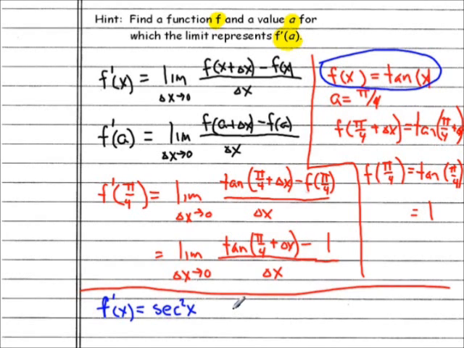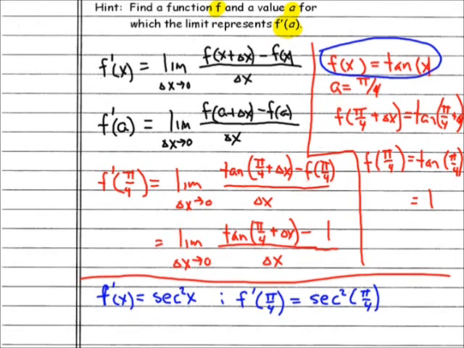And so what we want to know then is f prime of pi over 4, because that's the limit that we're looking for. And f prime of pi over 4 then, of course, is secant squared of pi over 4. That's the way we're thinking through this. And we ought to be able to calculate the secant squared of pi over 4.